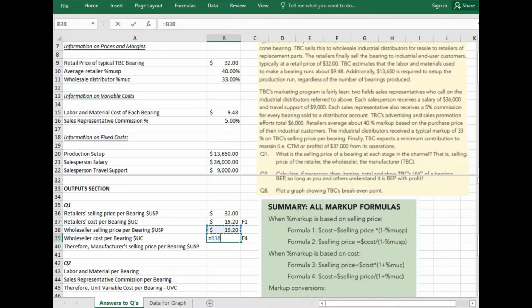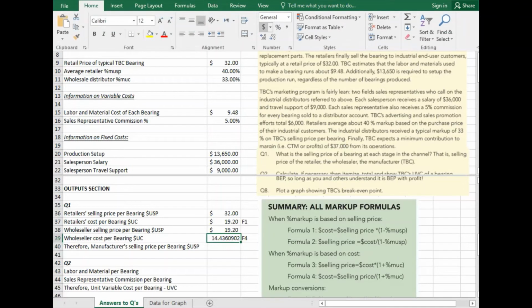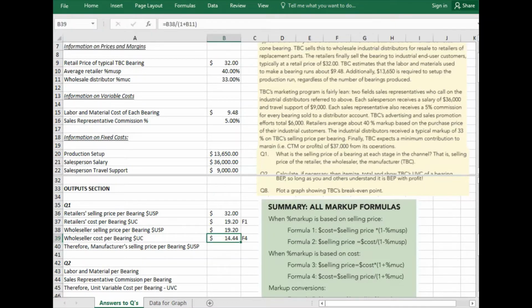It looks like we need formula 4 because we're trying to determine the cost. We have percent markup on cost. We have to use the selling price that we know the wholesaler sold at and divide it by 1 plus the percent markup on cost.